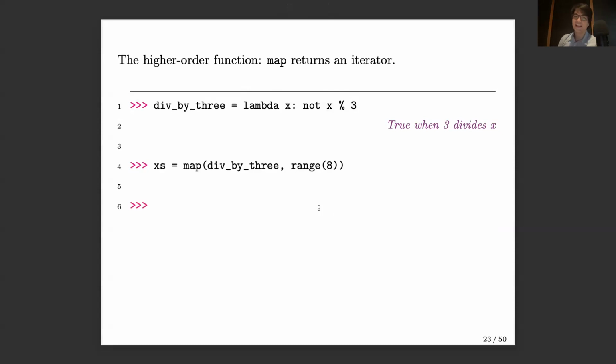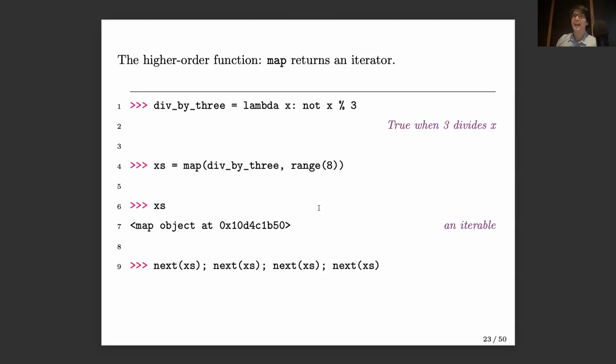I can say map divisible by 3 over range 8, so the numbers 0 through 7. And what do I get? A stream. Now I can ask for some members of this stream. It's saying 0 is divisible by 3, 1 is not, 2 is not, 3 is. But I can't go backwards.